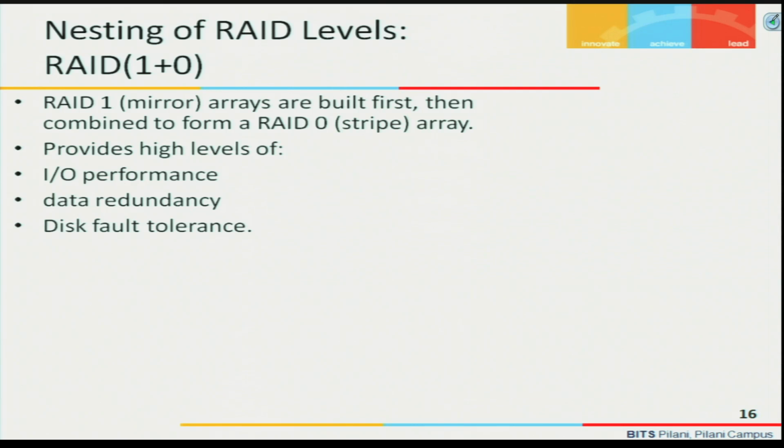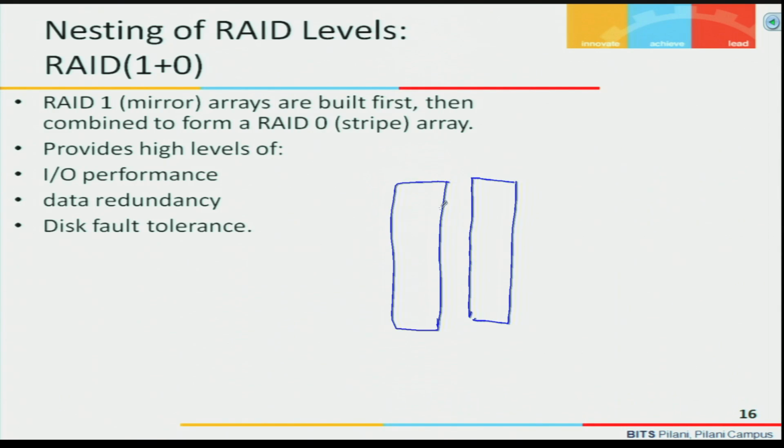What is RAID 1? RAID 1 is mirroring, and RAID 0 is striping, round robin striping of the data. So, how is RAID 1 plus 0 constructed? First, mirroring. On one side 2 disks are there, A1 A1, A3 A3, that is the mirroring, A5 A5.